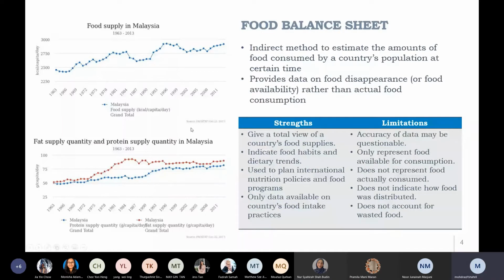We know that most of the foods in the distribution line get wasted in between because they are expired, or there is damage on the food, or maybe it doesn't qualify to be in the market. So the food balance sheet does not account for wasted food. Okay.